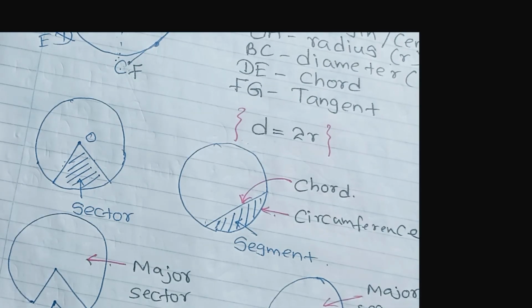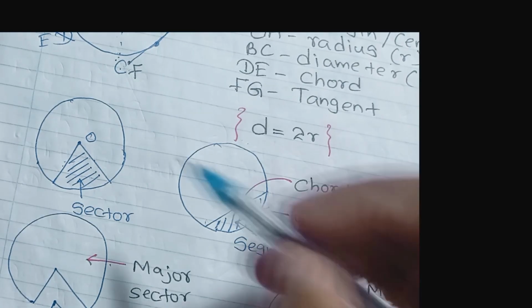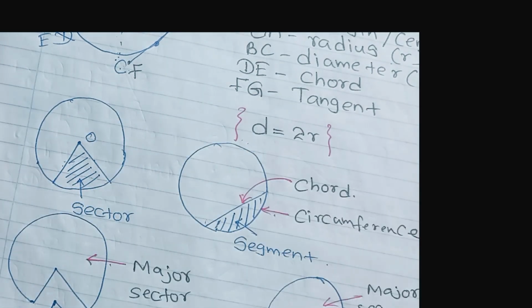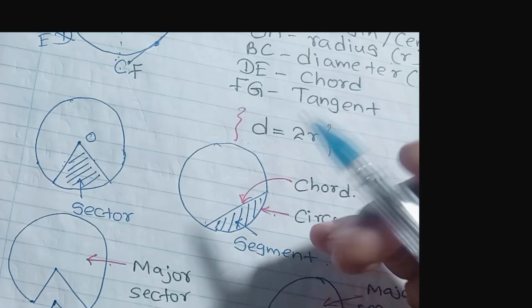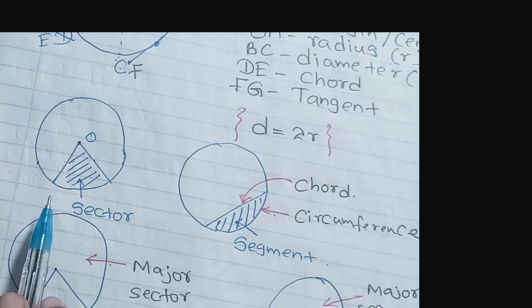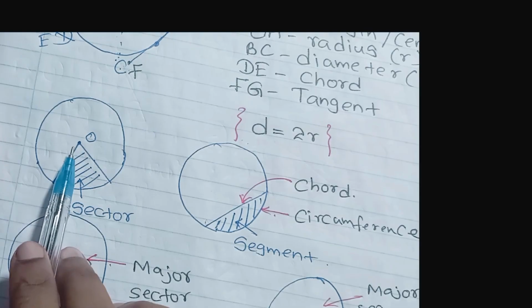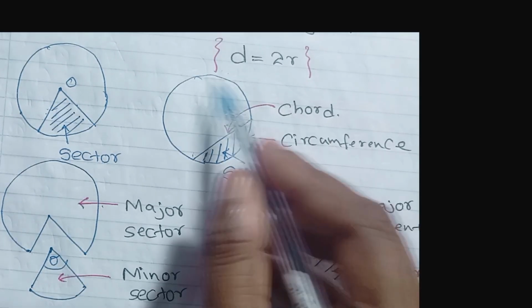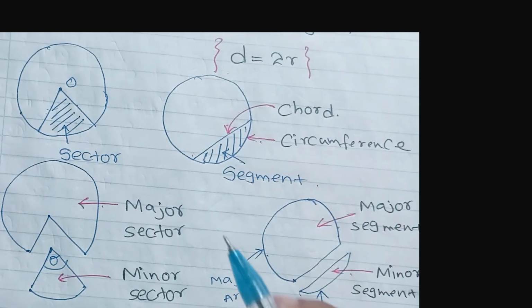If I'm taking the parts of the circles, we can do it this way also. When you consider a circular object like a cake or any circular thing, you can just think like that. You can divide it into pieces this way by using the center, or otherwise by using the chord also, right?